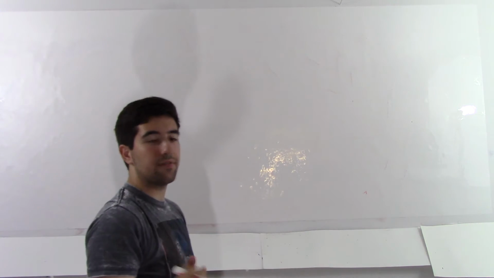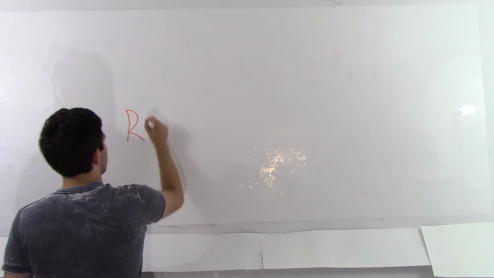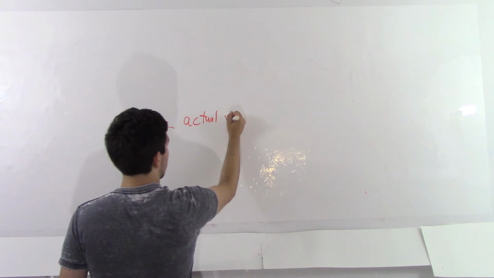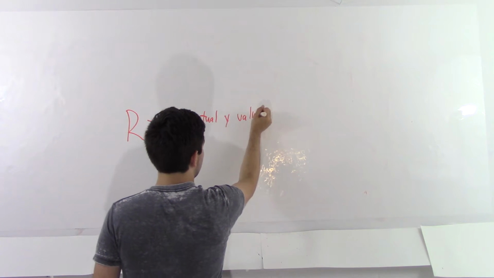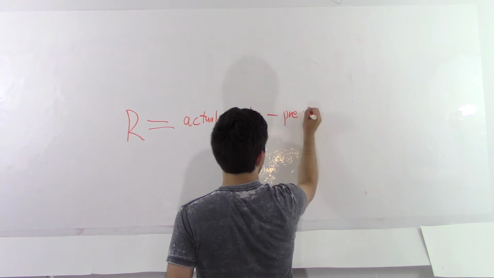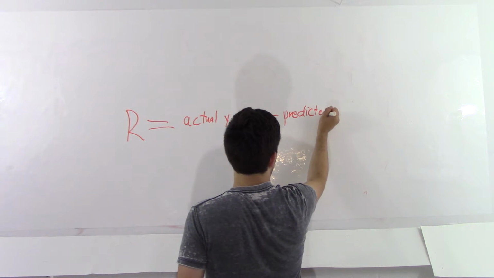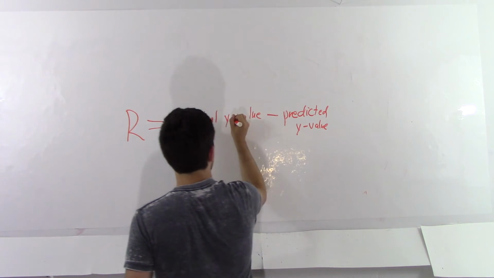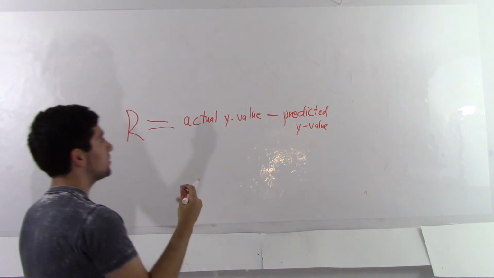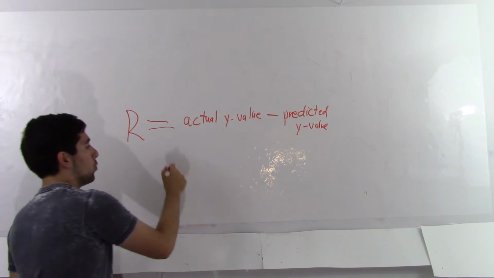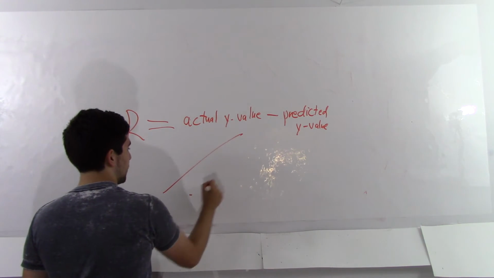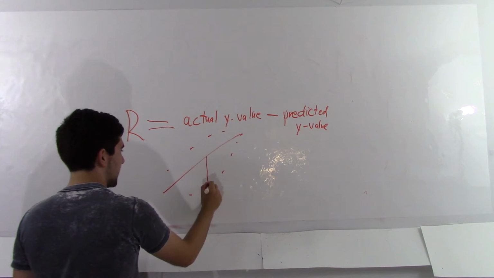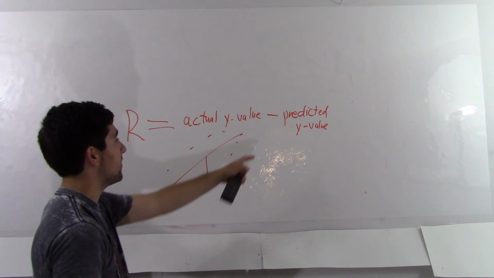Now, just to clarify something, the residual is the actual y value minus the predicted y value. Okay, and what this means is that when you have your line and your plots are like this, if it's below the line, your predicted y value is going to be less.